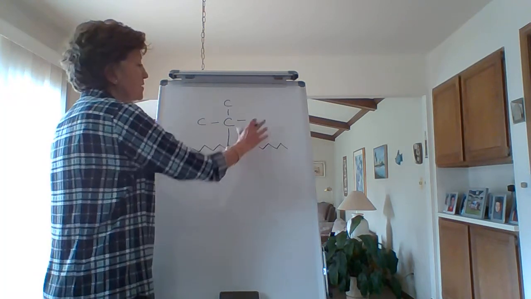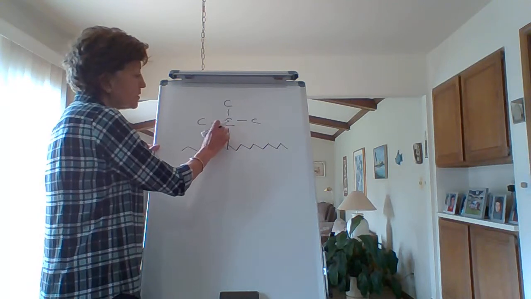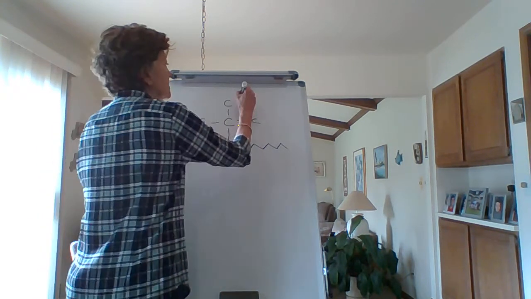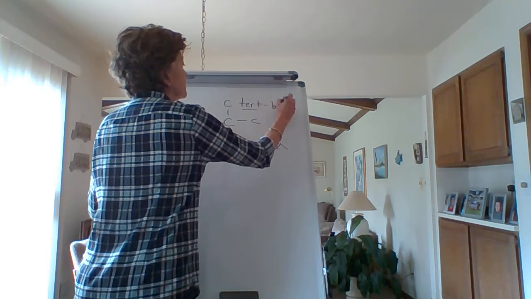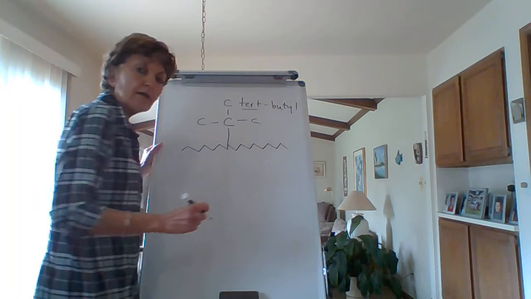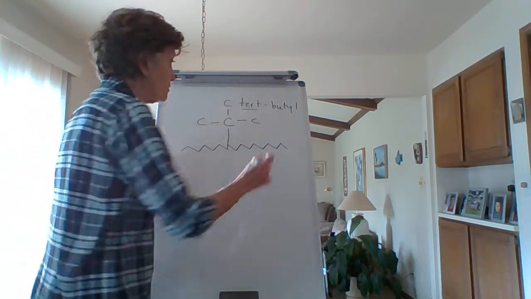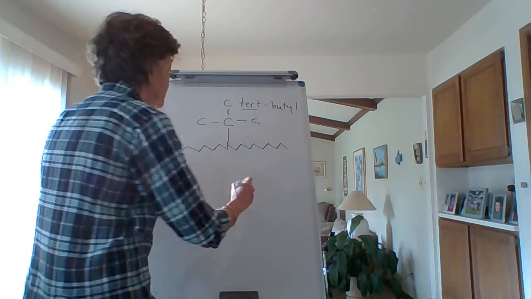Don't worry about naming this. But when you see something like this, a carbon in the middle with 3 carbons attached to it, this is called a tert butyl.